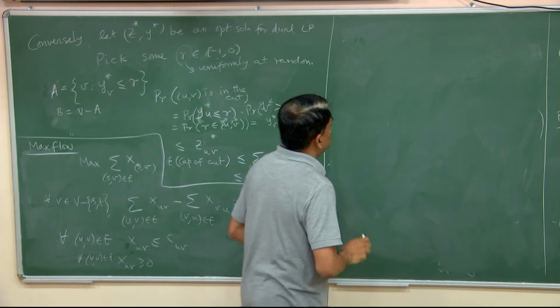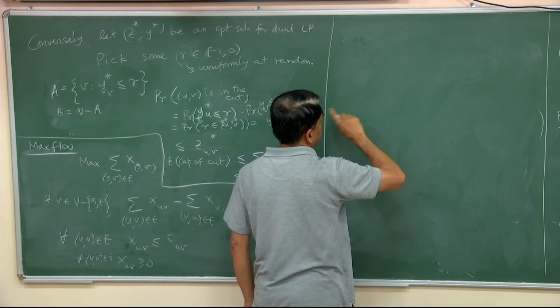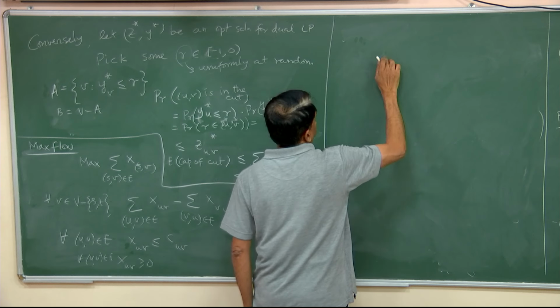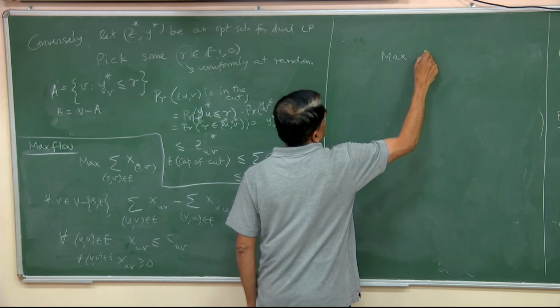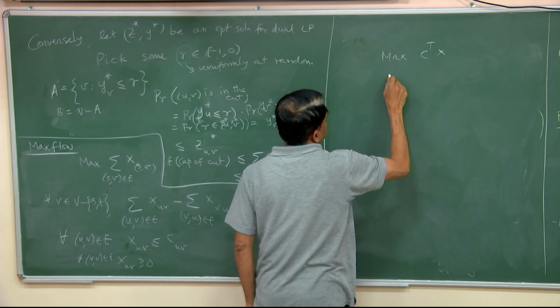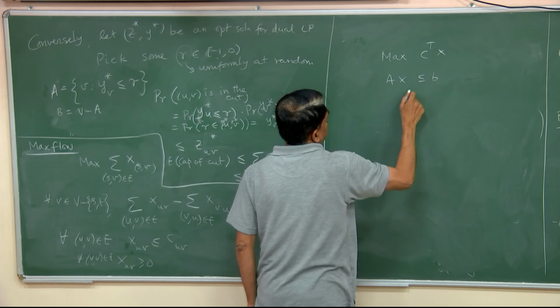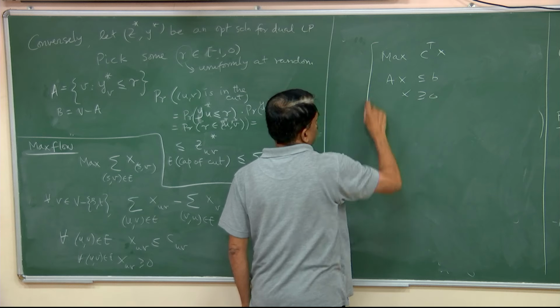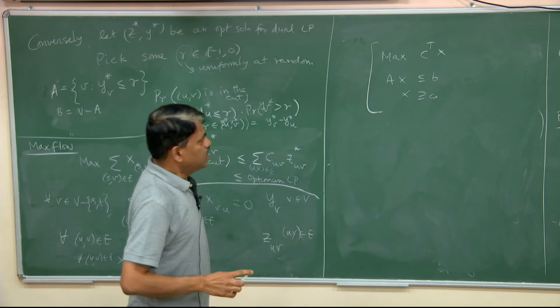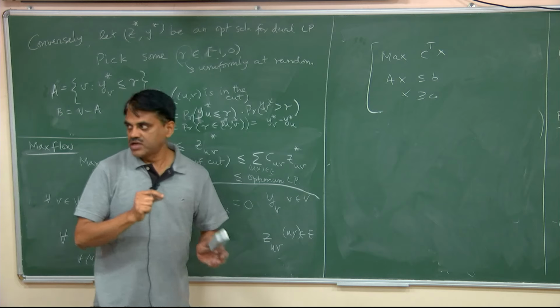Okay, so let's go back to the matrix LP. I have max, and the constraints are AX less than or equal to B, X greater than or equal to 0. So what is a vertex in this LP, or in the simplex method?